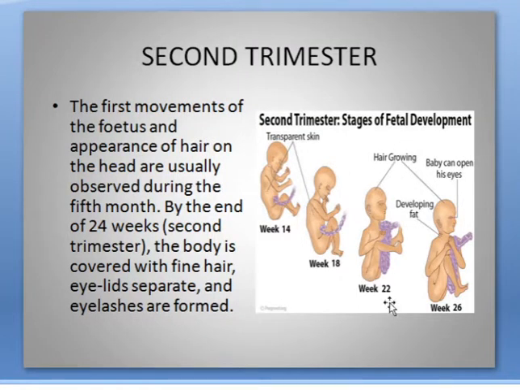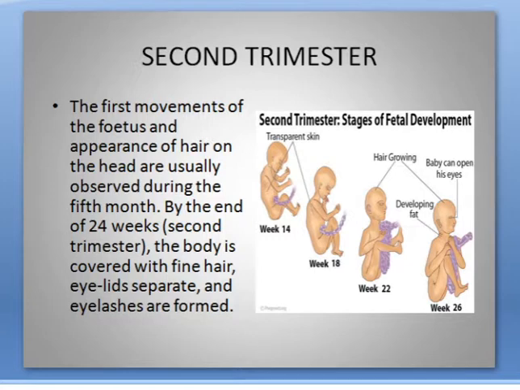By week 22, the hair has grown, and by week 26, the baby can open his eyes. Okay, so by the 24th week, the body is covered with fine hair, eyelids separate, and eyelashes are formed. So by the end of the 6 months, all this development has taken place.